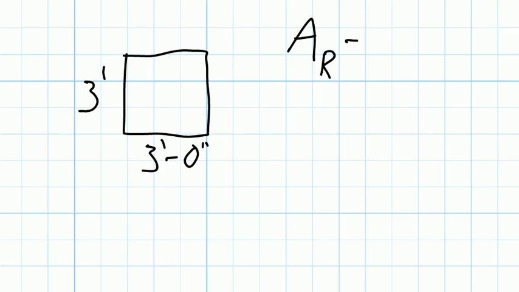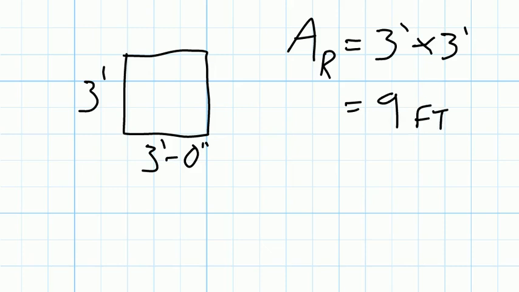Let's say we make this square here. And let's make this one 3 feet 0 inches by 3 feet 0 inches. To find our area of a rectangle, 3 feet times 3 feet, and this would be 9 feet squared.